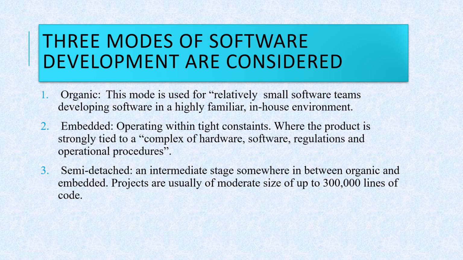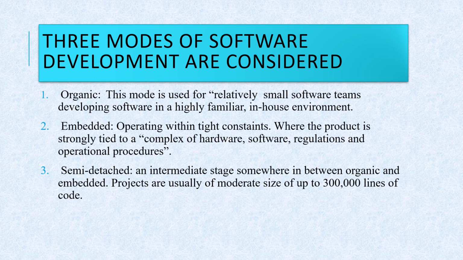Now there are three modes of software development, which are considered as organic, embedded, and semi-detached. In organic, this mode is used for relatively small software teams developing software in a highly familiar in-house environment.